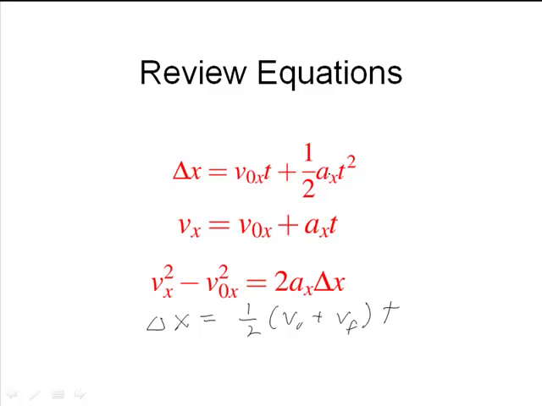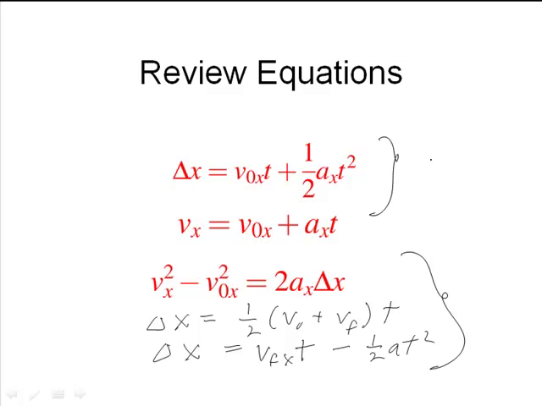And there's also one where if you solved this one for initial velocity and plugged it in here to get final velocity, you could say delta x is equal to v final x t minus 1/2 a t squared. These ones here are all sort of secondary equations. The top two are our primary equations that we want to work with most often. These last three can all be derived from the top two.